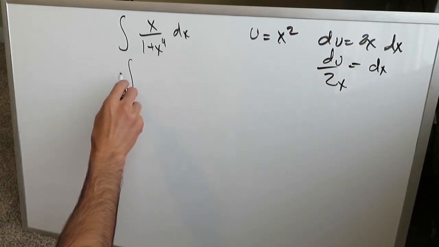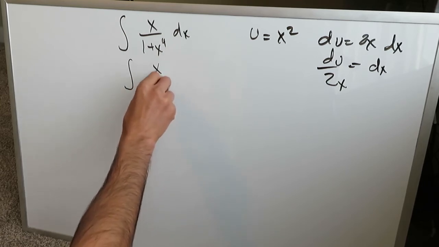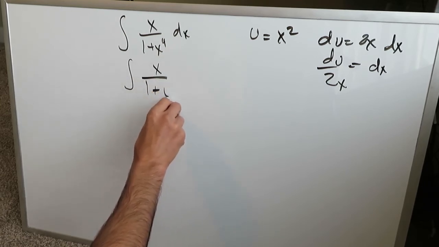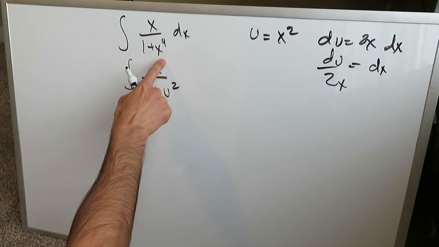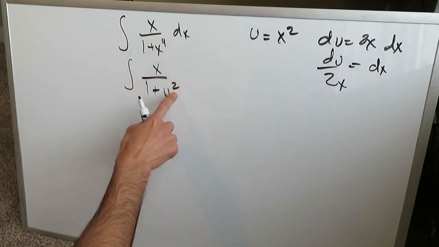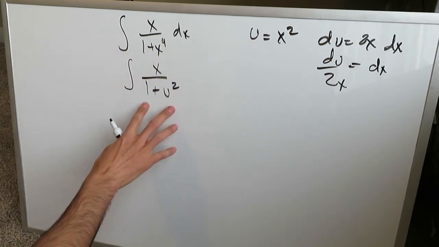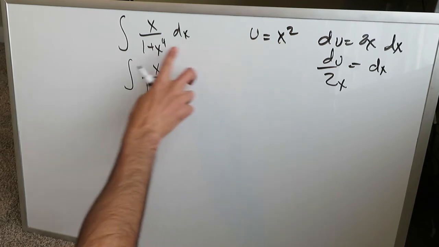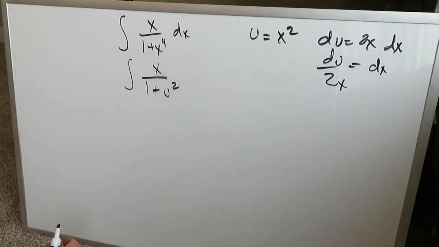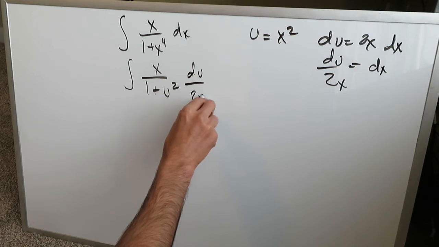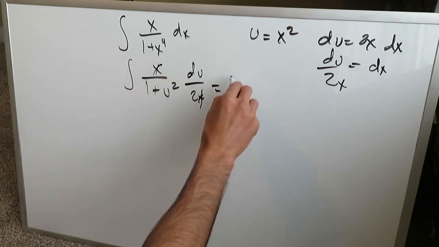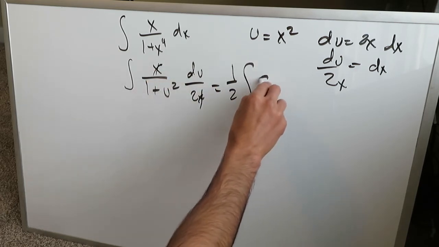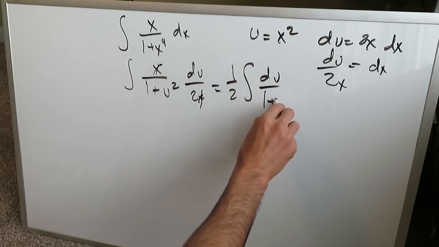You can rewrite all of this with regards to all of your substitutions, x over 1 plus u squared, because u squared, x squared squared, will give you x to the 4th. So 1 plus u squared with regards to this substitution gives you 1 plus x to the 4th. You still have the du over 2x. These x's can cancel out. Bring the 1 over 2 out, and now your final expression is 1 over 1 plus u squared.